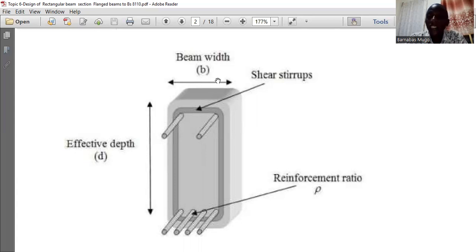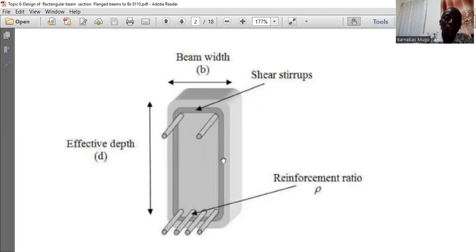Then the shear stirrup. The shear stirrup is the one that is joining the reinforcement bars. The bottom part is for the tension and the top part is for the compression, sorry. Then they are joined by the shear stirrups, the links.